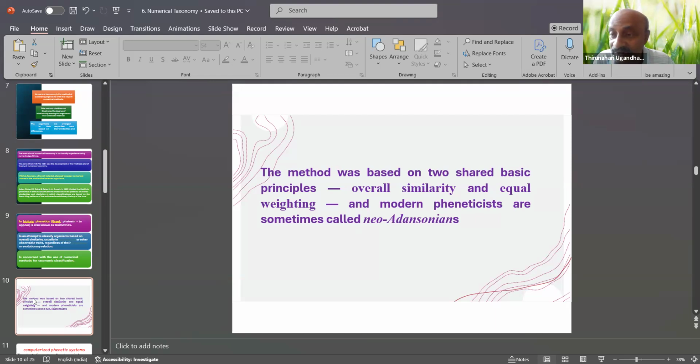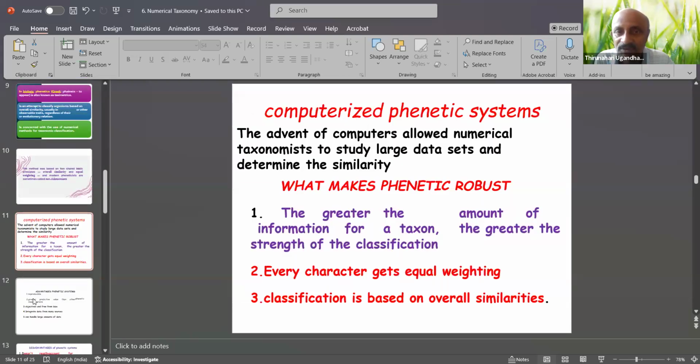All characters are weighted equally, and modern pheneticists are sometimes called neo-Adansonians. These two are the basic principles of numerical taxonomy, established in 1963, which is also a computerized phenetic system. The arrival of computers allowed numerical taxonomists to study large data sets and determine similarities.